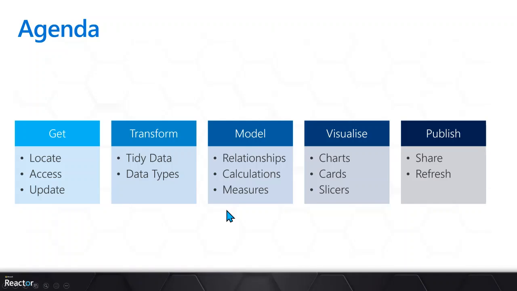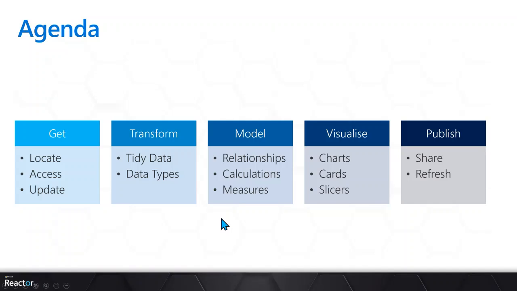And then comes the fun bit for most people, the visualization, doing your charts, your slicers, everything you need to do. And then the final bit is publishing it to share with your users. The only bit you need a license for is the last part, the publish. If you want to publish and share, you've got to have at least a Pro license.